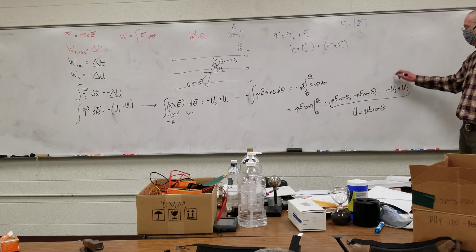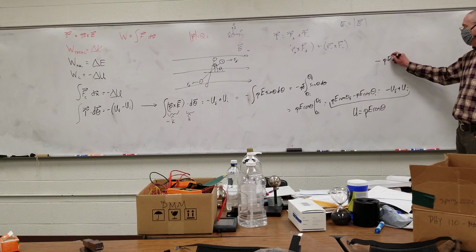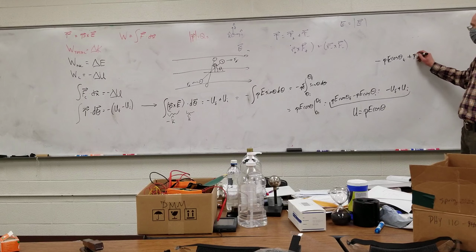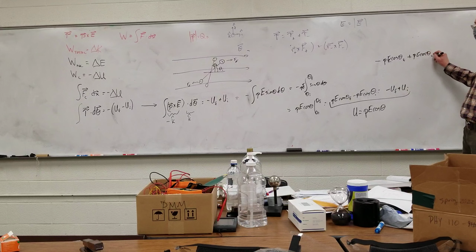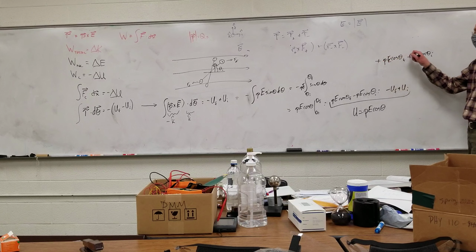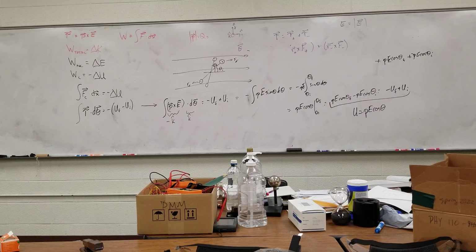If we plug in there, that would become negative pE cosine theta final plus pE cosine theta initial. Not quite what we have right there. So negative. What's another formula that would also work? There are an infinite number of formulas that will work.